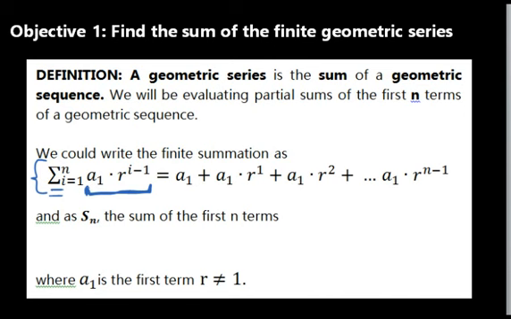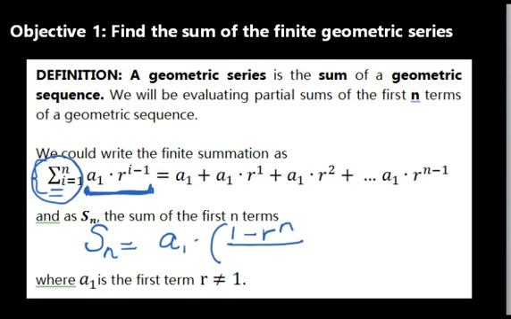It tells you the boundaries, how far you expand it out, and the rule of the sequence that belongs to the summation, and we are adding them all up. As we have just shown, the sum of the first n terms is defined by taking that first value a sub 1 and multiplying it by 1 minus r to the n, and dividing that by 1 minus r. So go ahead and write that in.